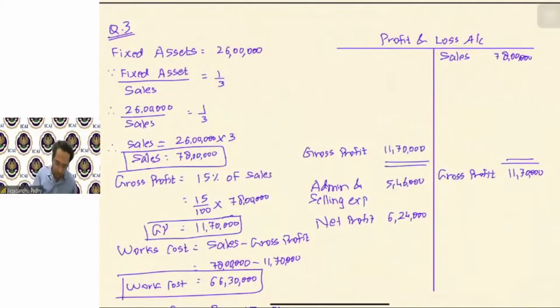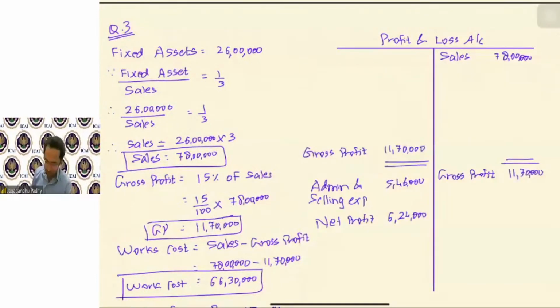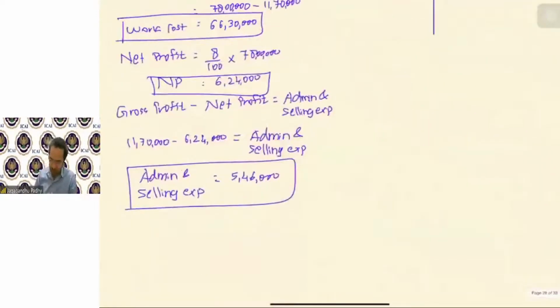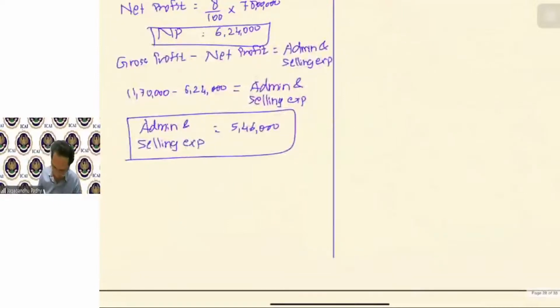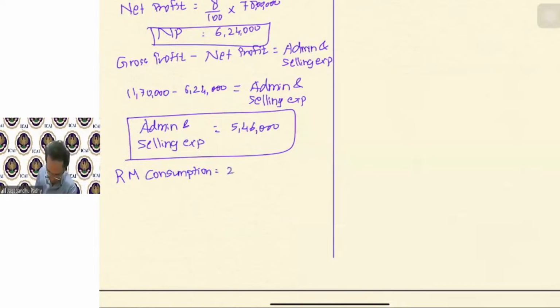Now, if you look at the other items, raw material consumed, direct wages, stock of raw material, stock of finished goods, all these numbers are given. Since we are given the raw material consumed figure, let us compute that raw material consumption first. Raw material consumption is simply 20% of the works cost.